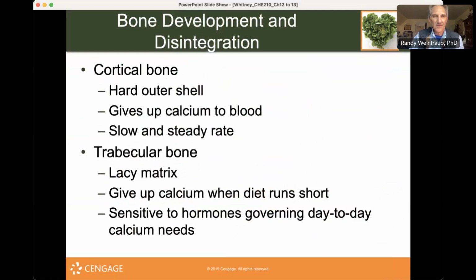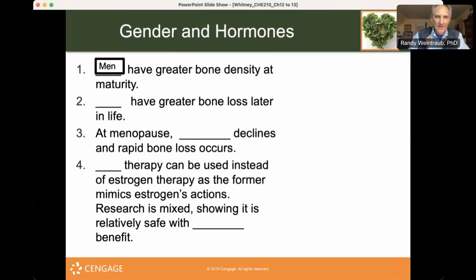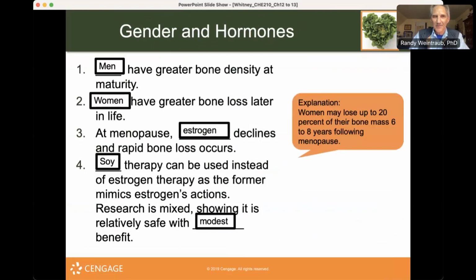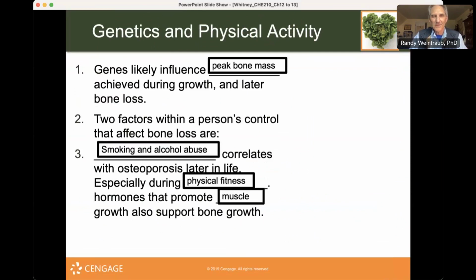So here's the bone structure. So please look at these on your own. I want to finish up here in a timely manner. You could stop the video to inspect these a little more closely.